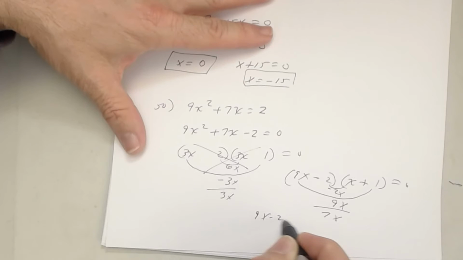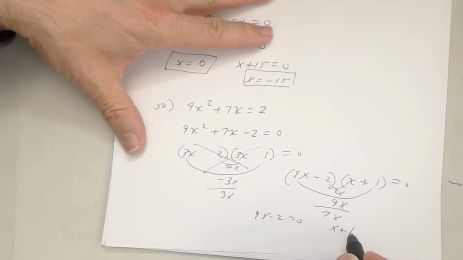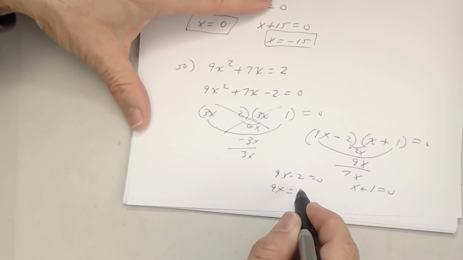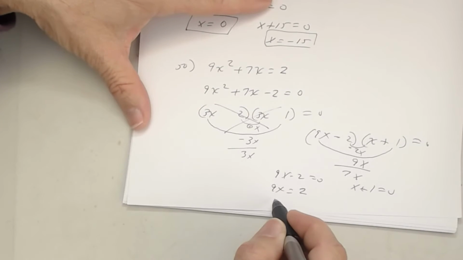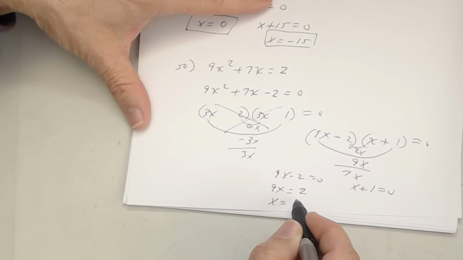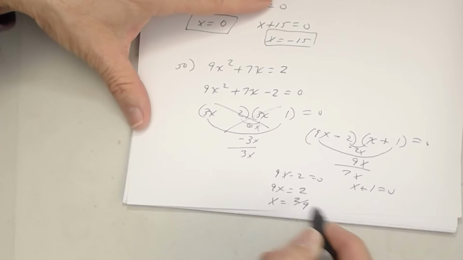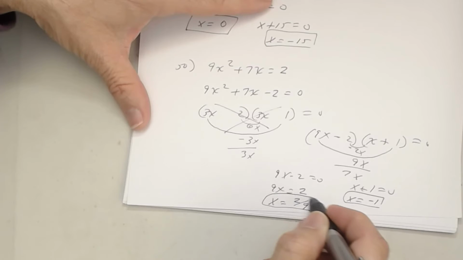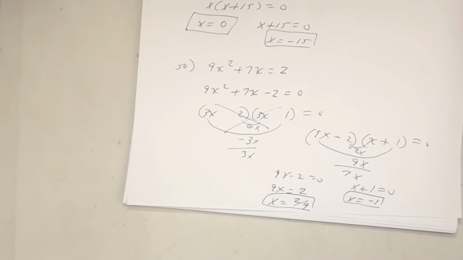So 9x minus 2 equals 0, x plus 1 equals 0. So that implies that 9x equals 2, so my solution is x equals 2 ninths. Over here, my solution is negative 1. So that's 50.